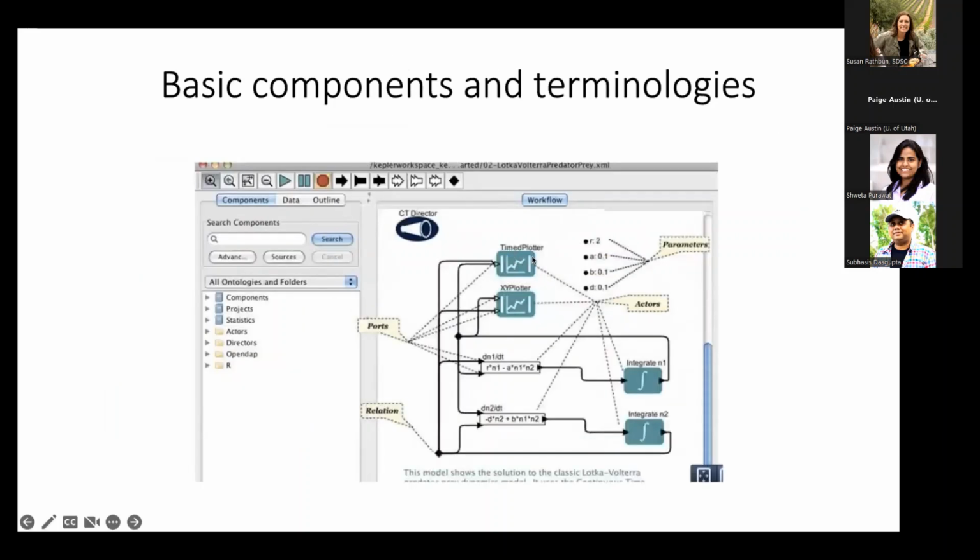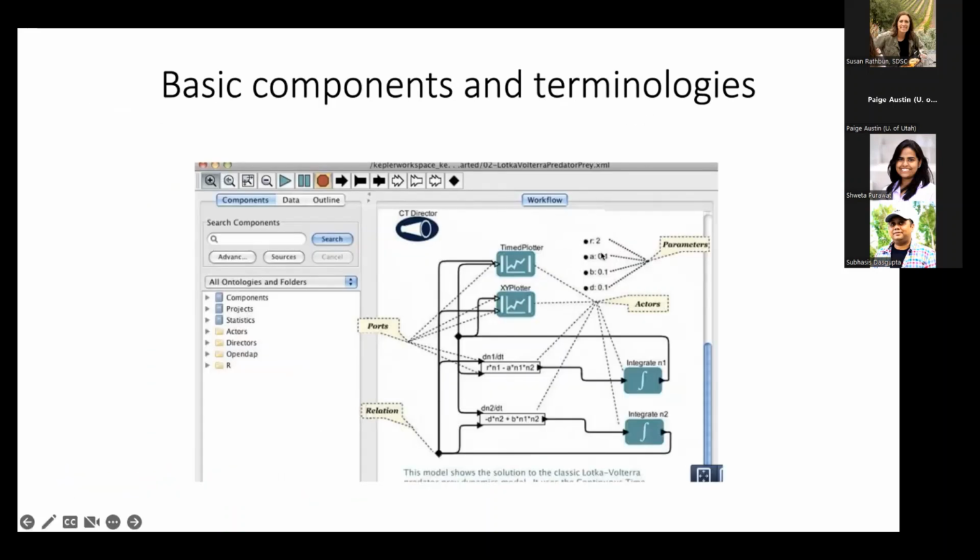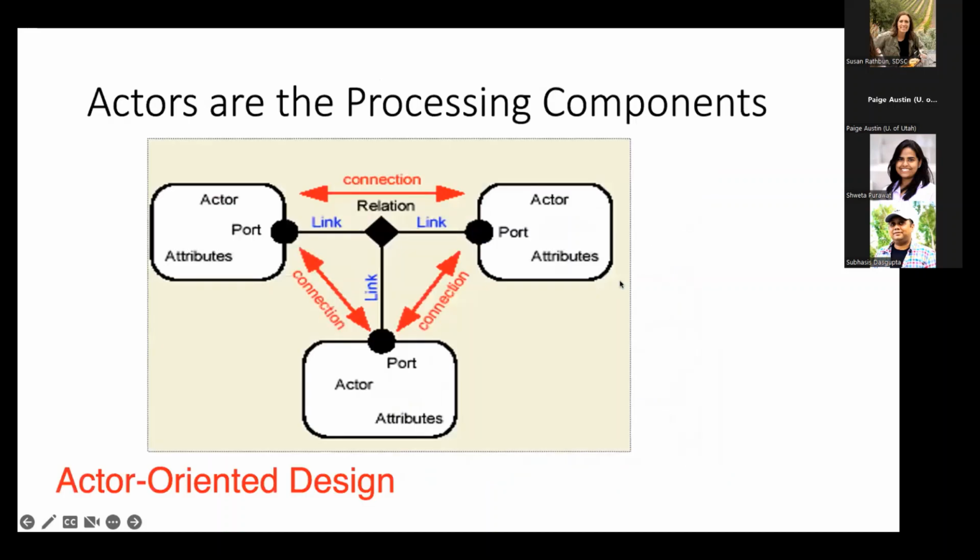You can see here the teal colored squares are actors, and the director helps you execute the workflow. It defines which actor will trigger when, and it's like a movie. Actors perform their role, and the director tells you which actor will conduct their role when. And then there are parameters that can be customized by users.